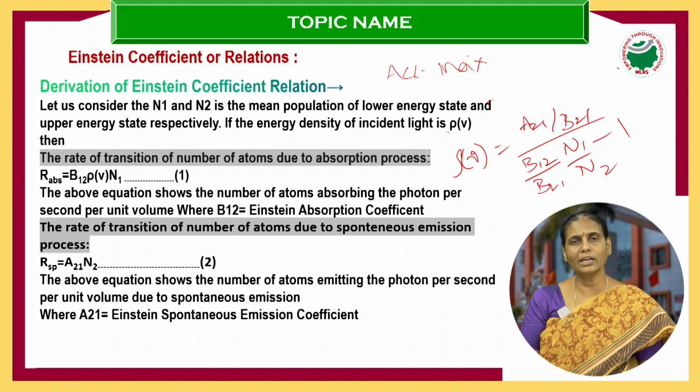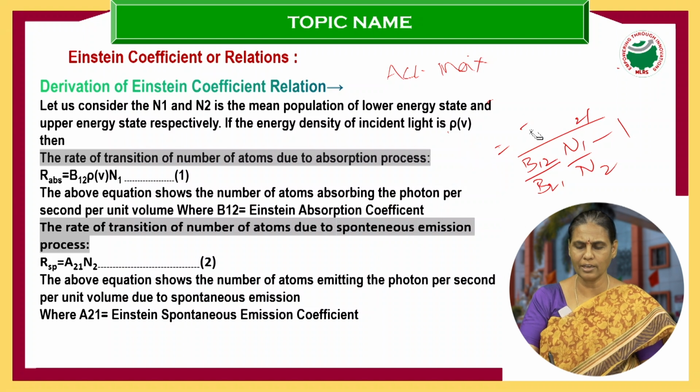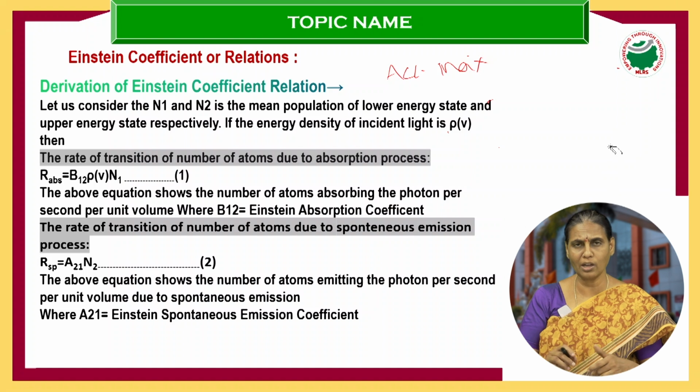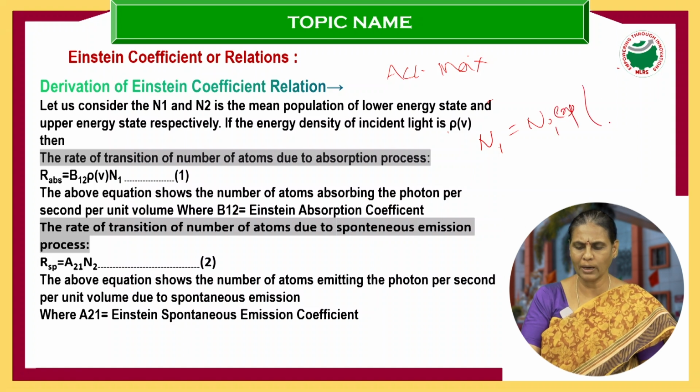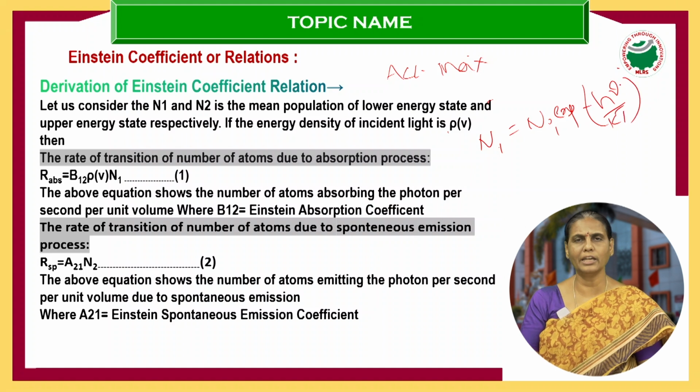According to the Maxwell Boltzmann distribution law of velocities, he has given an equation for this population. That population is N1 equal to N0 exponential of minus h nu by kT. This is the equation for N1.